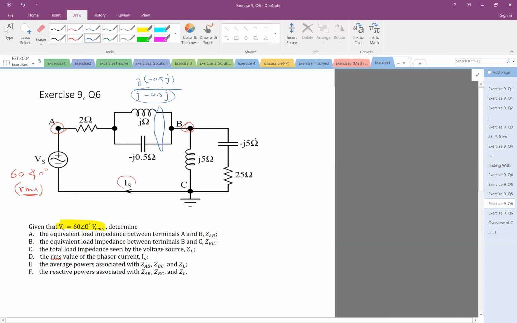This is 0.5J, and the 0.5 and 0.5 cancel each other out, and the remaining is negative J over 0.5. So the first part, from A to B, is 2 minus J.